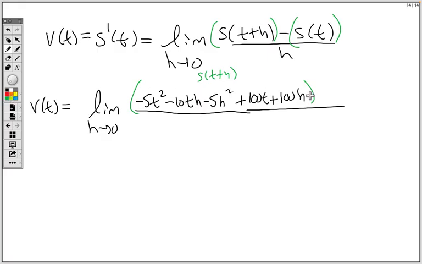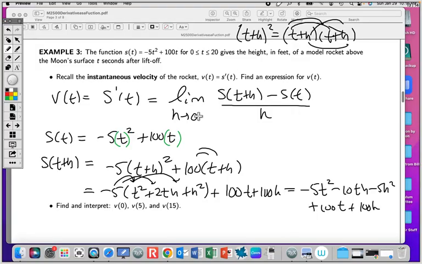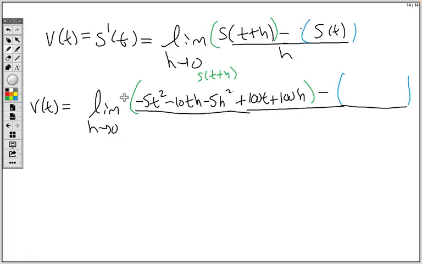Now from that I have to subtract the formula for s of t. Maybe I'll use a different color brackets here. Maybe I'll use blue just to set it off a little different. S of t was minus 5t squared plus 100t. And so this is our s of t. Note the parentheses, and this is all divided by h.